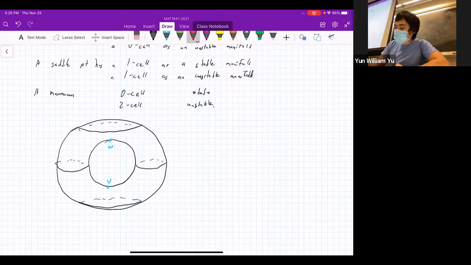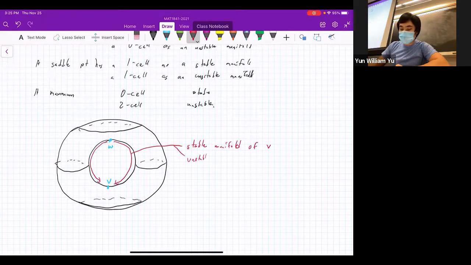What this means is that this part is simultaneously the stable manifold of V, right? And it's also simultaneously the unstable manifold of W. And note that B, in particular, is not a stable manifold by itself.